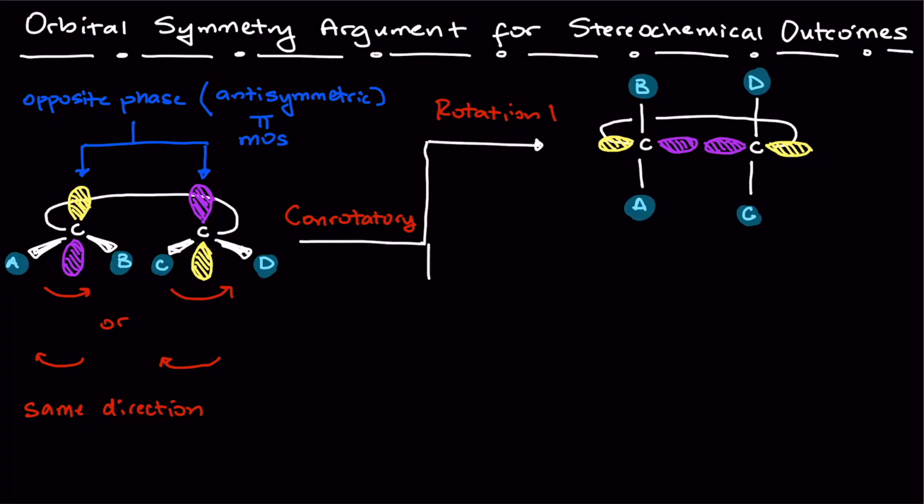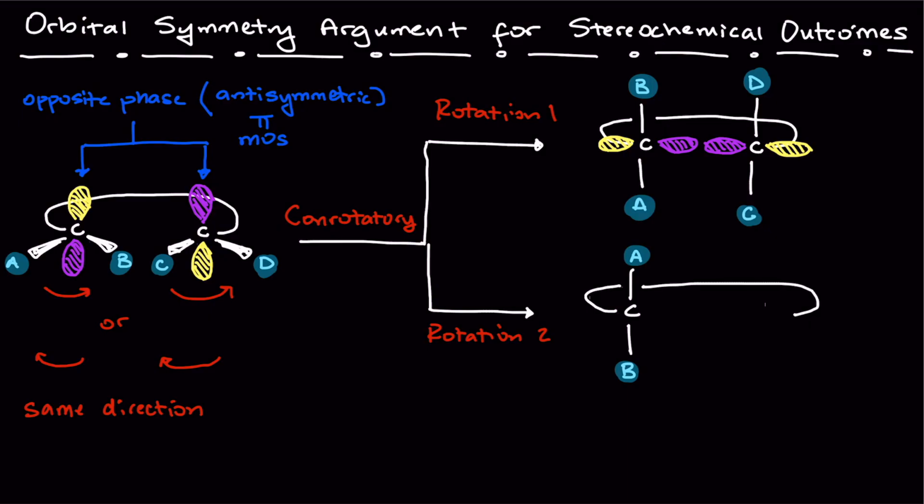In our second rotation, here now A will be on top and B will be below on the carbon on the left. And then on the carbon on the right, you would have C on top and D below. And then this rotation would result in the yellow lobes overlapping in a sigma fashion.